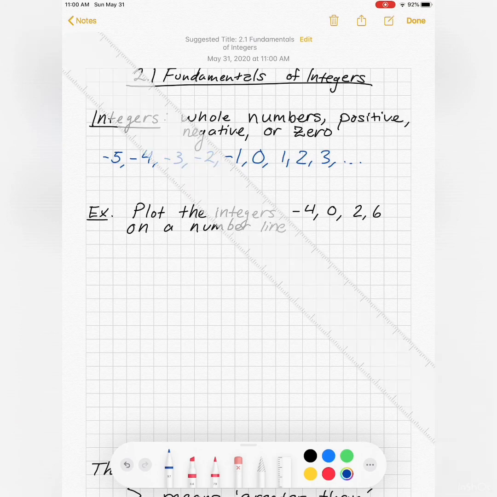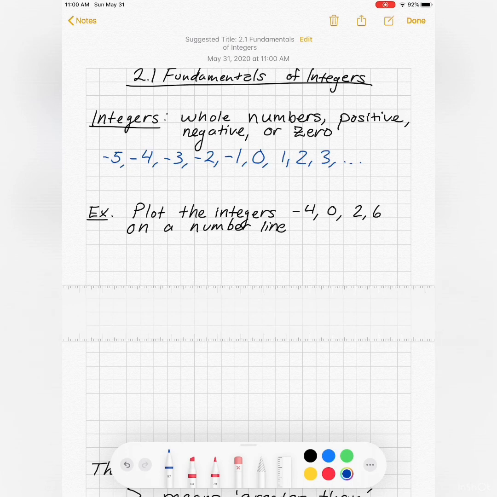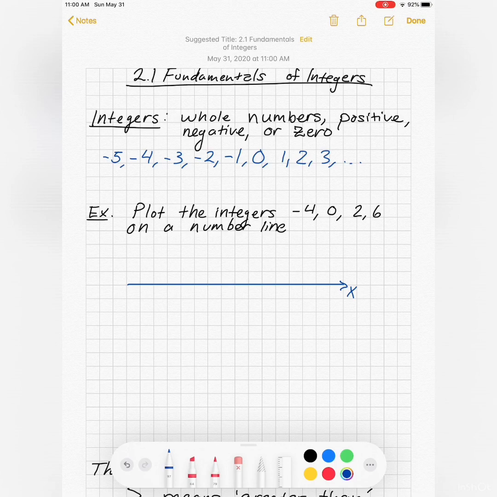So how do I do that? So a number line, we draw a horizontal line, so like so. And we're going to use this to represent values of, say, x. So let me plot these integers. So let's say this corresponds with 0.